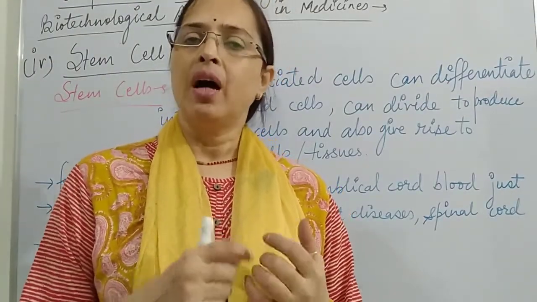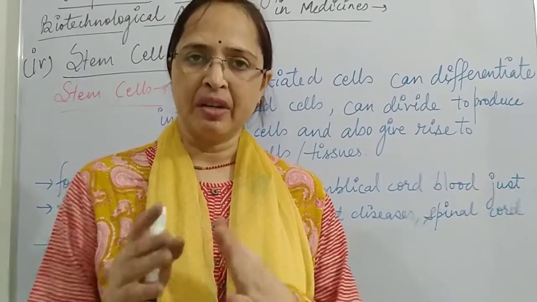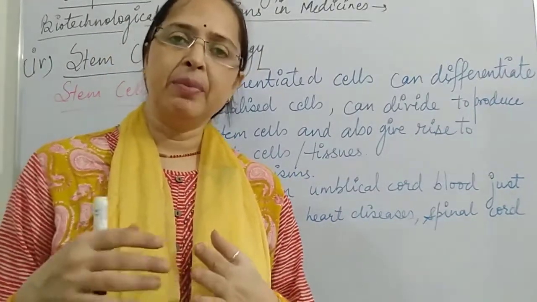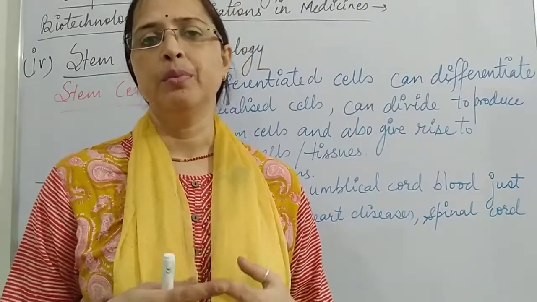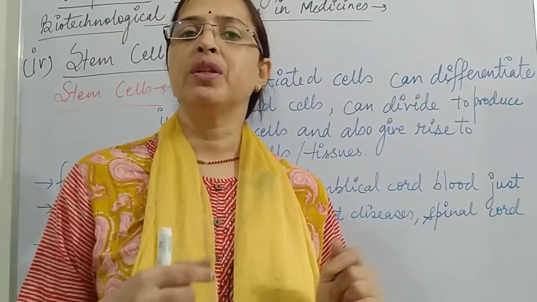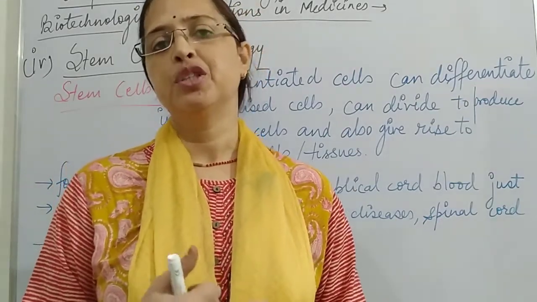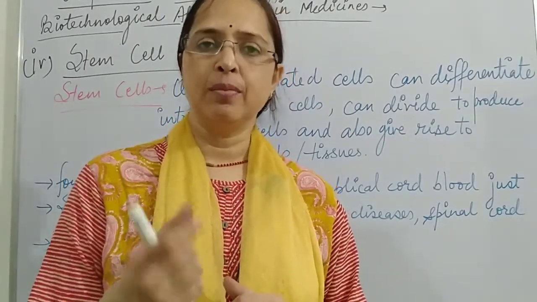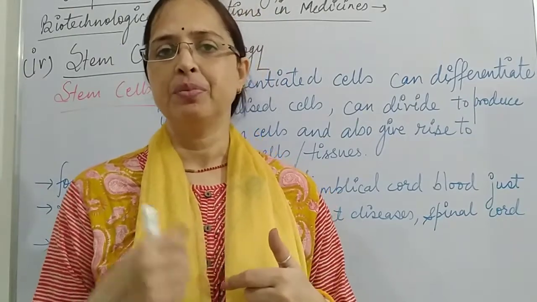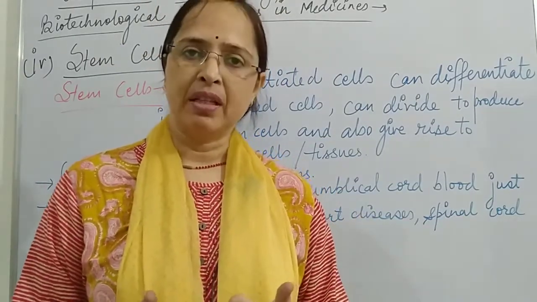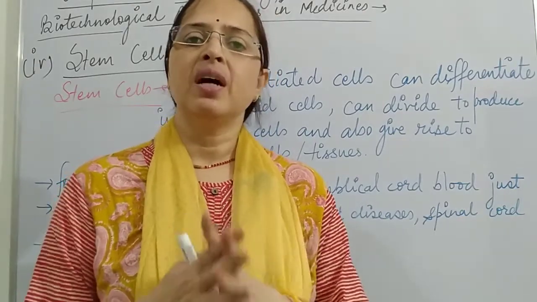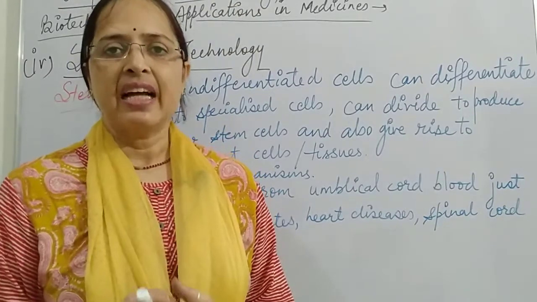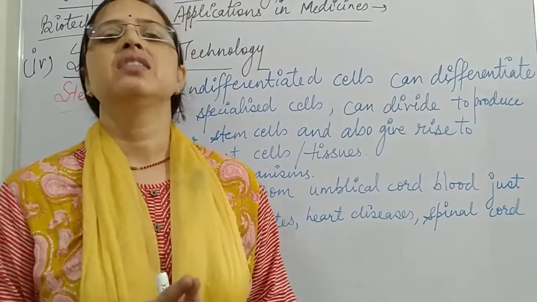During that time, the umbilical cord is connected to the baby along with the placenta. When the baby is delivered from the mother's womb, the umbilical cord along with the placenta comes out. The umbilical cord contains blood, because this blood forms the connection between the fetus and the mother. Blood is taken from this umbilical cord, and this blood sample has the stem cells.